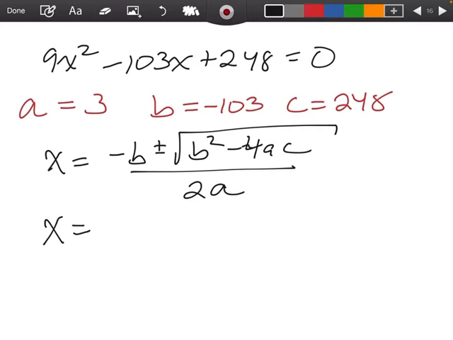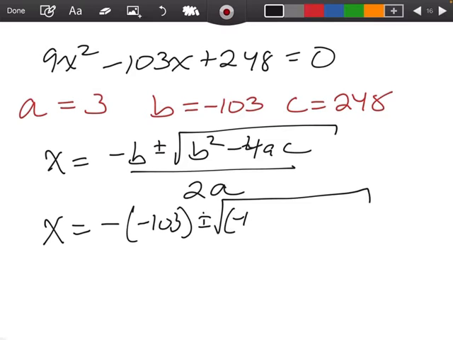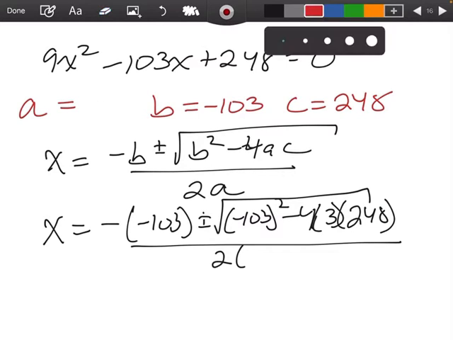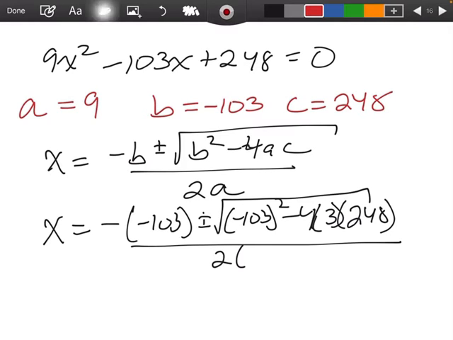The first part says negative B, which is negative 103, plus or minus the square root of negative 103 squared minus 4 times A, which is 3, times C, which is 248, all over 2 times A. Wait, why am I putting A as 3? A is not 3, A was 9. Omar, you knew that. Sorry about that, guys. This was a 9, so let me fix that because I made another little mistake right here.